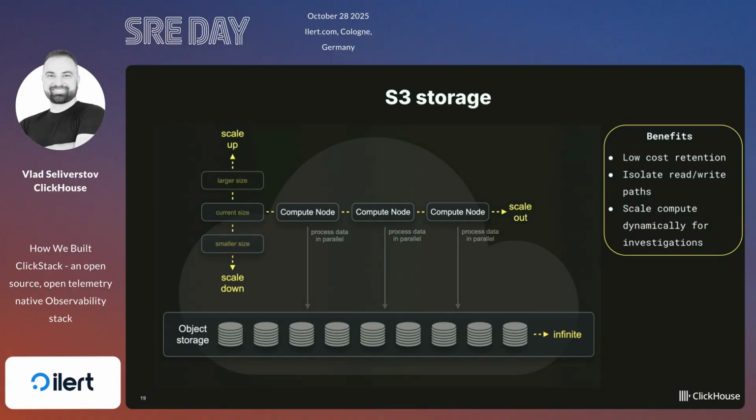That unlocks low-cost, long-term retention, and also lets us separate the read and write paths. Writes can flow continuously into the storage without disruption. The read side can stay small most of the time and only scale up when investigations and heavy workloads demand it. So we get scalability, cost efficiency, and flexibility, all from pairing a columnar store with object storage.